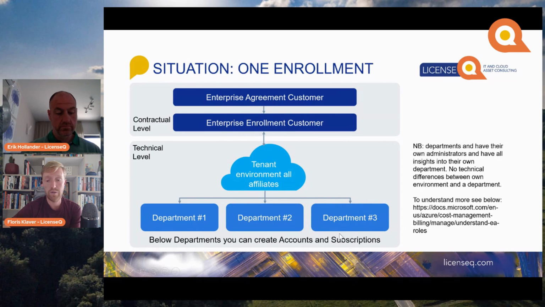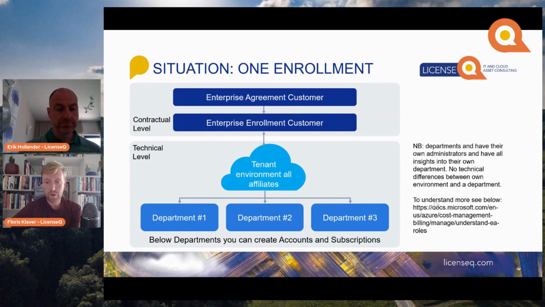So they're consuming within this space, and all the consumption under this department will roll up to department level, and they will quickly see what the cost and the spend is. And the same for all the other departments. Now, because they all have their own administrators and have insights into their own department, there's not really a technical difference between the top level environment and the department level view.